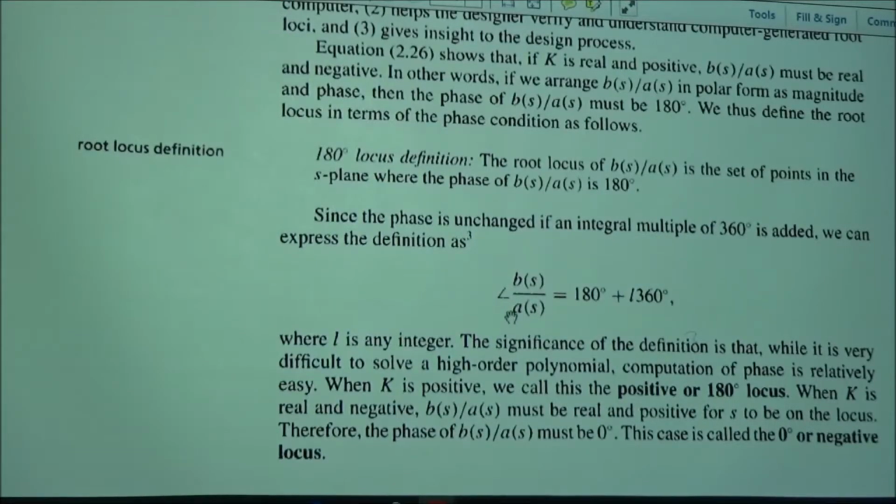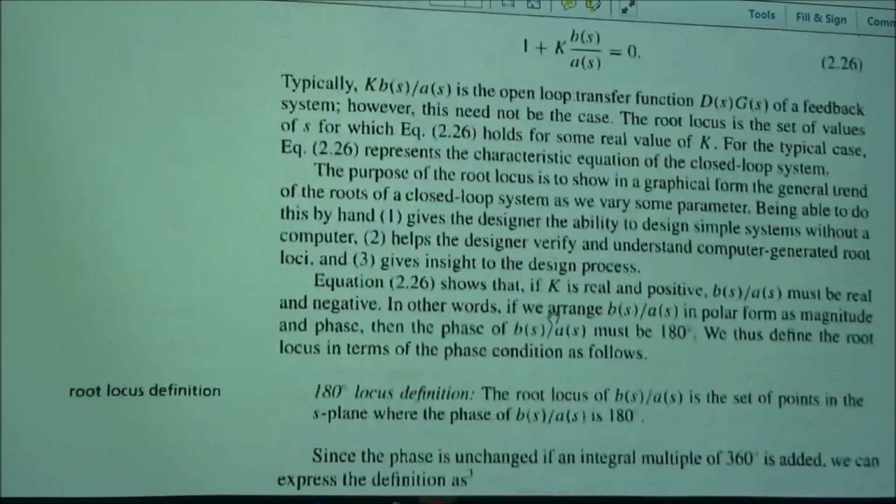Typically the most important thing in the root locus is that the sum of all the angles of the zeros minus the poles must be plus or minus 180 degrees to satisfy the condition of 1 plus KB over A. As you see, if you put 1 on the other side, you get -1. -1 represents an angle of plus or minus 180 degrees.